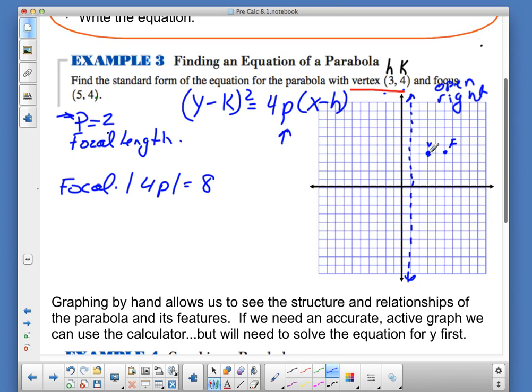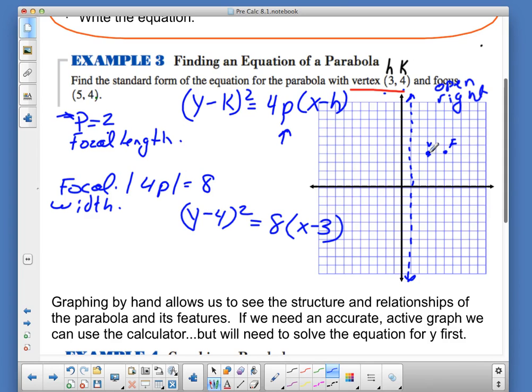So I can come up now with my standard form of my equation: (y minus 4) squared equals 8(x minus 3). So I've got my formula for my parabola as I'm going through. I got my focal width. So now I can finish out graphing my parabola.